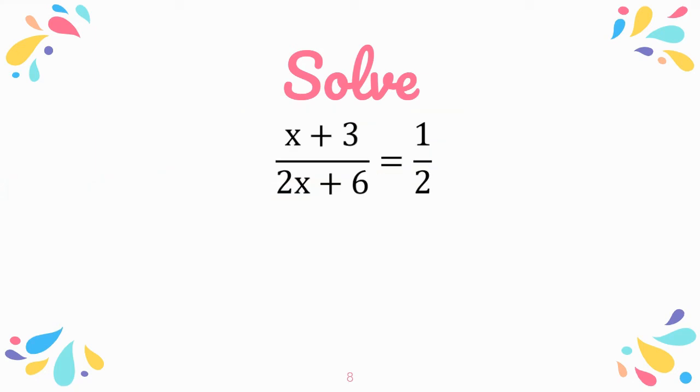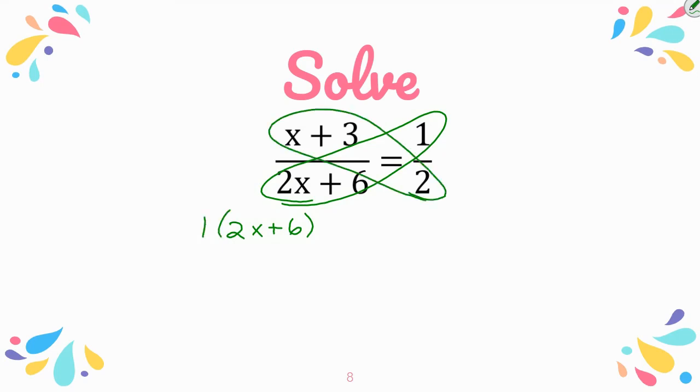All right, let's take a look at one more example. Here we have x plus 3 over 2x plus 6 equals 1/2. So first thing we're going to do is cross multiply. 1 times 2x plus 6, which is just going to be 2x plus 6. Well, you can put the 1 out front if you want to, and we'll distribute that 1.